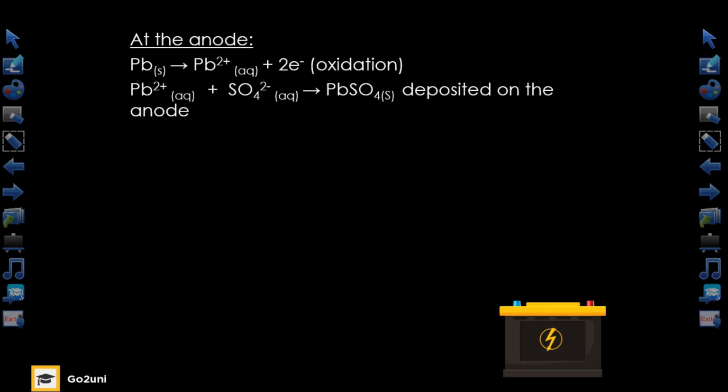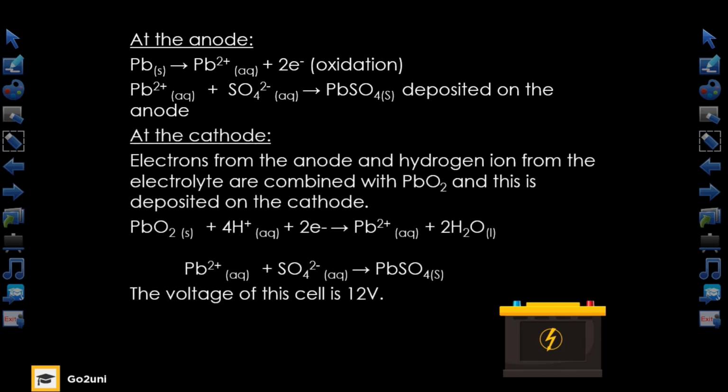At the anode, the lead atoms from the metallic lead give off 2 electrons, thus becoming lead(II) ions, which go into the electrolyte, meeting with sulfate ions of the electrolyte to form lead(II) sulfate, which eventually gets deposited on the anode.